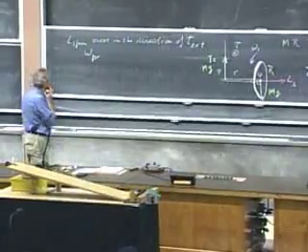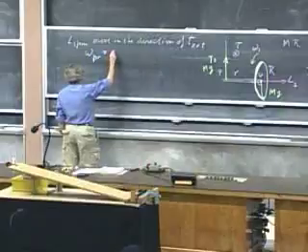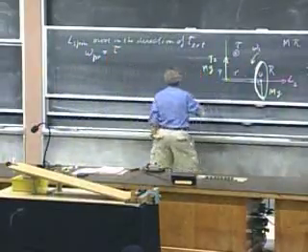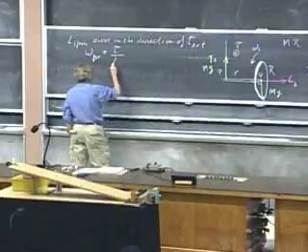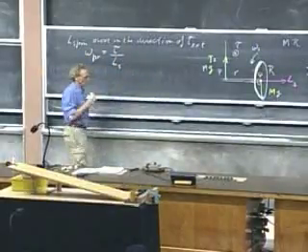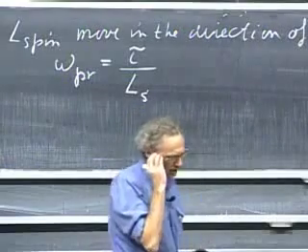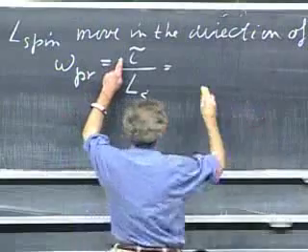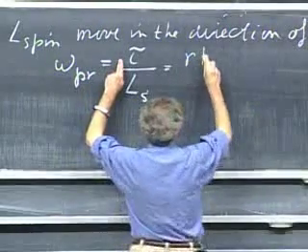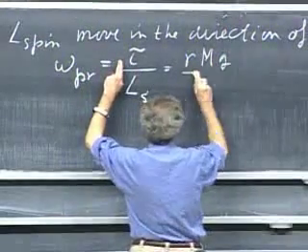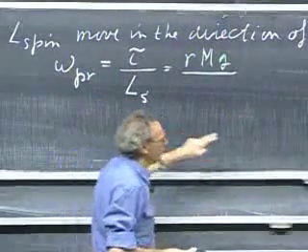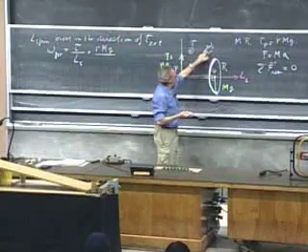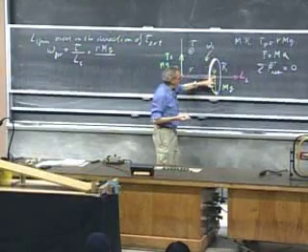I will not derive it here, but what comes out of it is that it is the torque, the one that we have here in this case, divided by the spin angular momentum. That gives you the frequency of the precession. In our case, for our bicycle wheel, it is Rmg, and the spin angular momentum of this wheel, if it is rotating with angular velocity omega of s, would be I times omega.